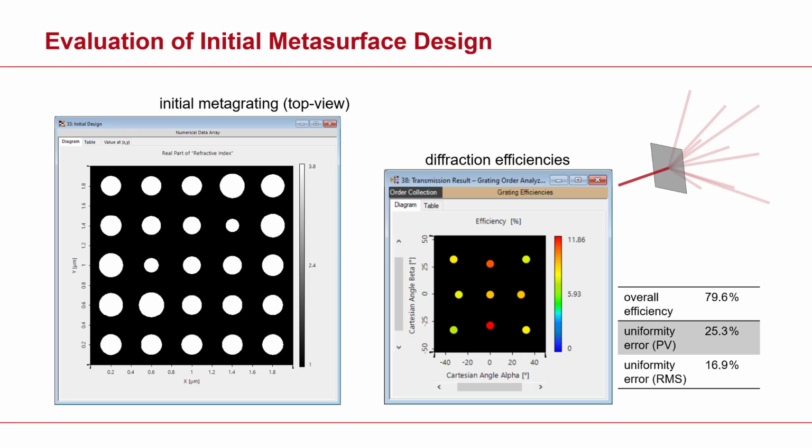Then we can simulate the structure that results from that initial pillar arrangement that we just generated in the way I described. For both steps, for the initial analysis in which we obtain the phase and efficiency as a function of pillar diameter, and also for this stage when we're going to simulate the metagrating structure itself, we use as a modeling technique the Fourier modal method, FMM, also known as rigorous coupled wave analysis or RCWA.